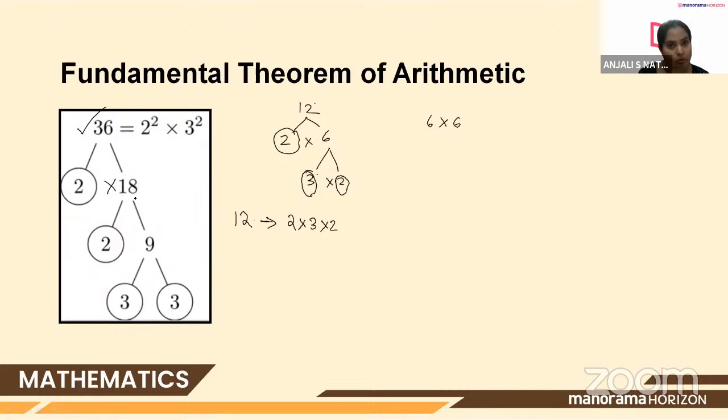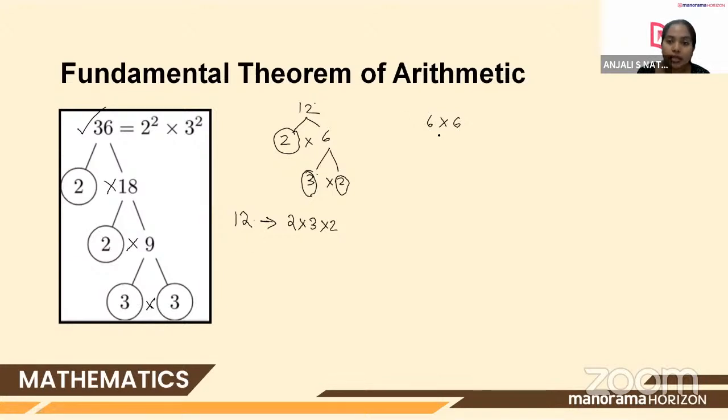But 18 is a composite number. So again, factorize 18 as 2 into 9. Again, 2 is a prime number, and 9 is not. So again, factorize 9 as 3 into 3. So finally, 3 is a prime number. So what are the factors? 2 square into 3 square.